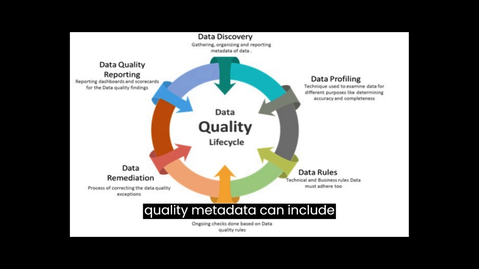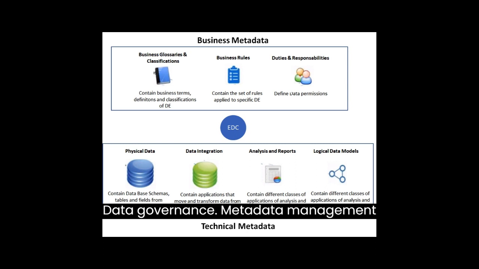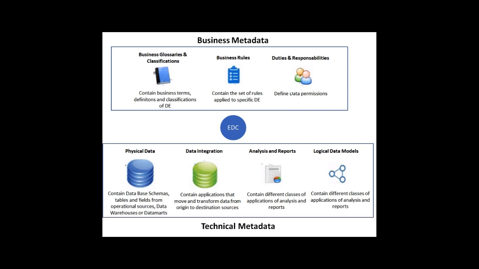Metadata can include information about data quality metrics and indicators, helping organizations assess and improve data quality. Data governance. Metadata management is crucial for enforcing data governance policies, data classification, and ensuring compliance with regulations.